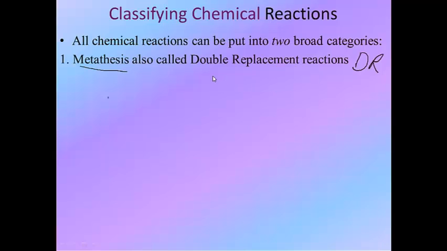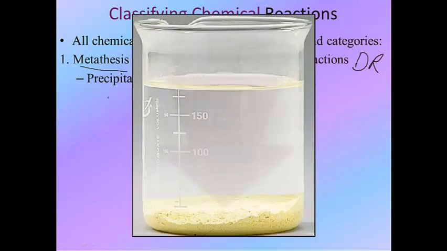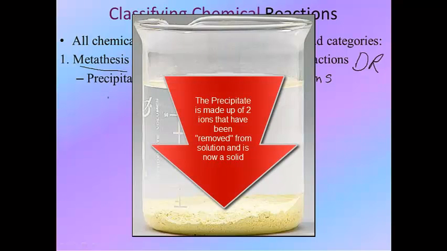Their cation will switch with the other cation. There are three categories for double replacement reaction. Precipitate reaction, meaning a solid forms where once there was none. That's when you have two clear colorless solutions and you pour them together and you get a solid forming.